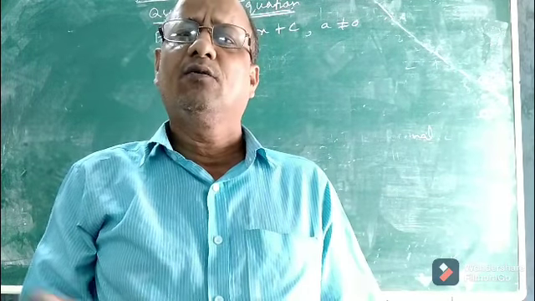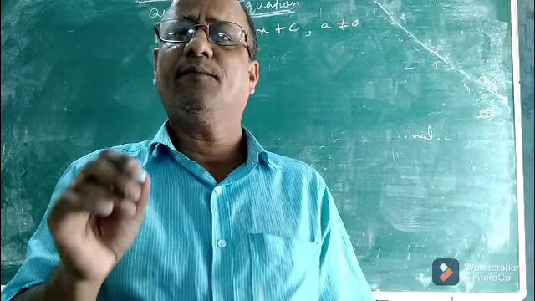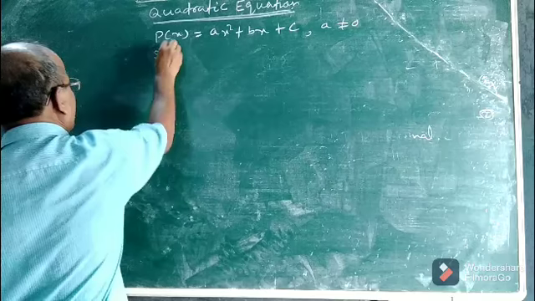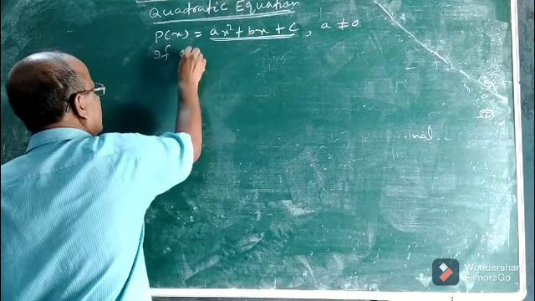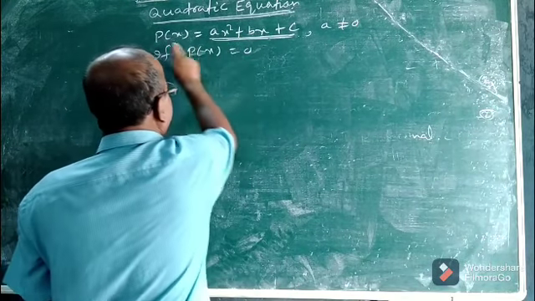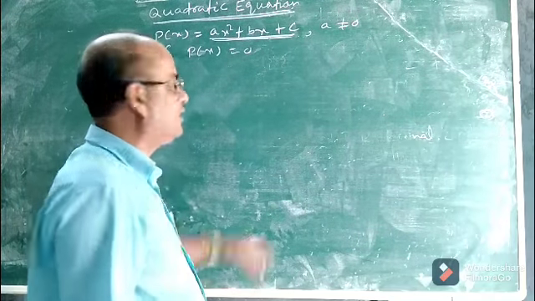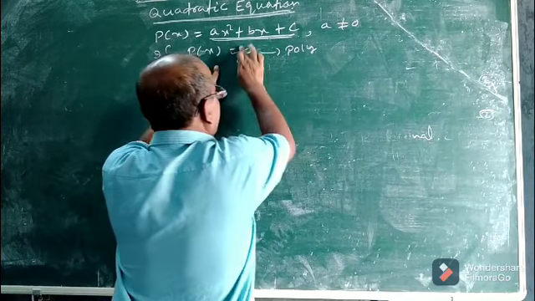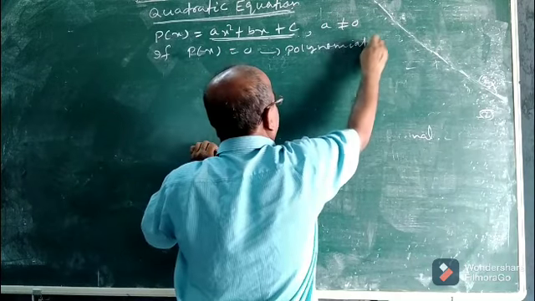Now, what is the equation then? If this quadratic polynomial p of x equal to ax square plus bx plus c is equated to some constant, say p of x equal to 0, it becomes a polynomial equation.